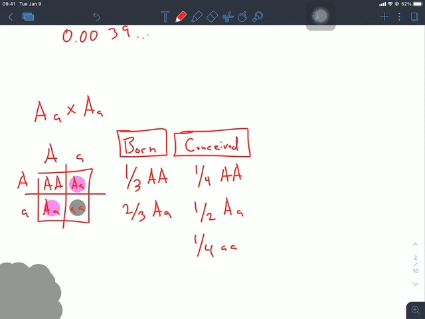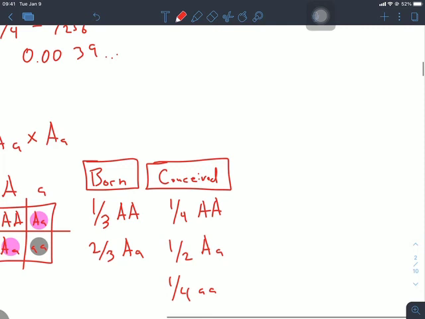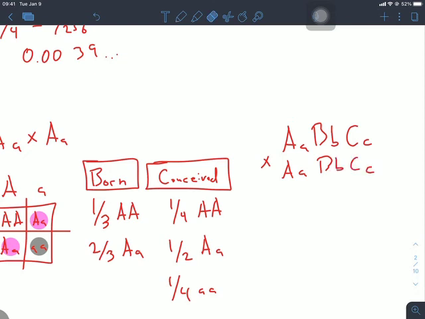Now let's go ahead and combine this with our multi-locus problems, wherein we'll have two trihybrids and we'll cross this against itself. That B looks quite funky.